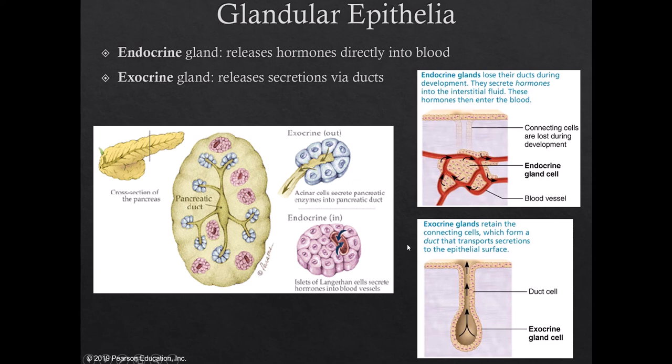So the pancreas is actually a really awesome example of glandular epithelia because it contains actually both exocrine cells and endocrine cells.